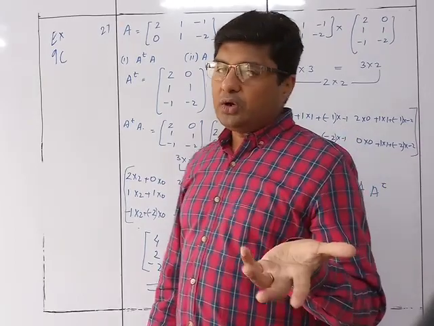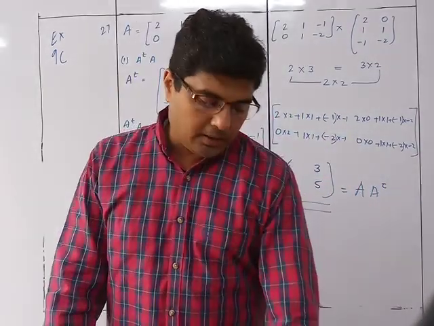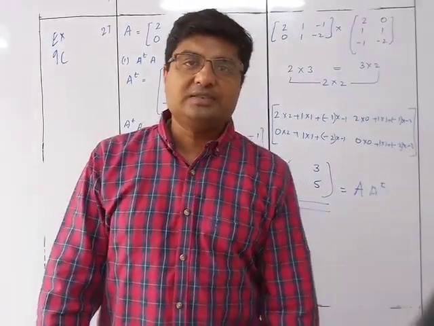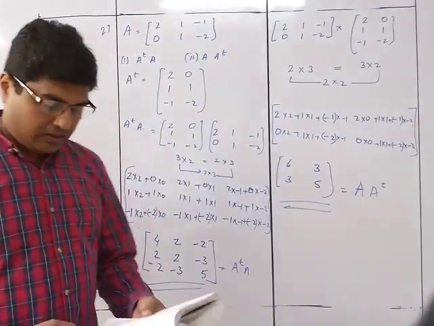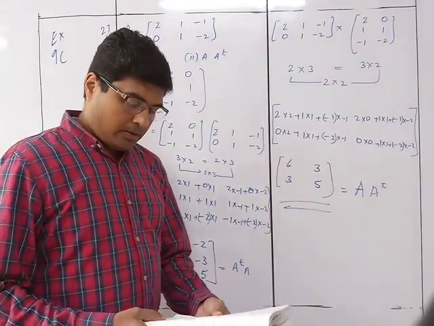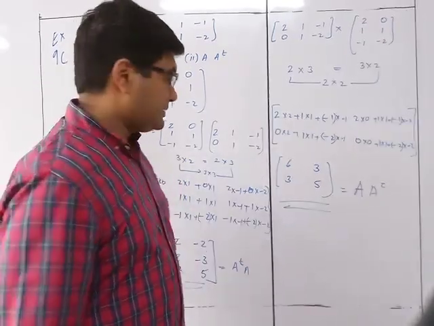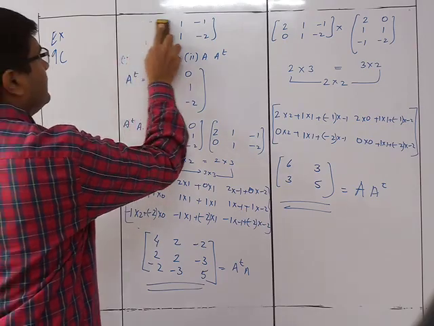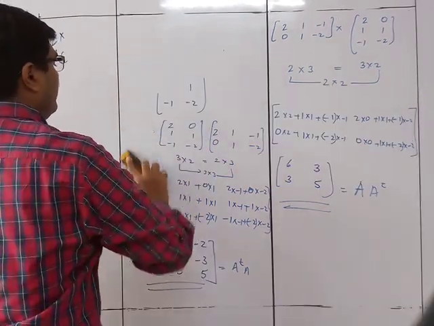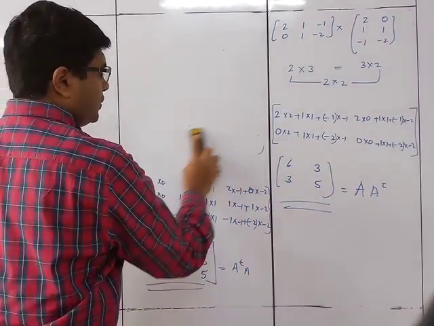So 3 by 2 should not be asked in your examinations. But anyway, we know how to do it, so it doesn't make any difference if they ask it. Okay, so that was sum number 27. We move on to the next one, that is sum number 29.